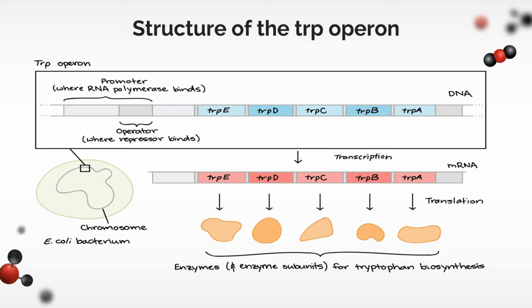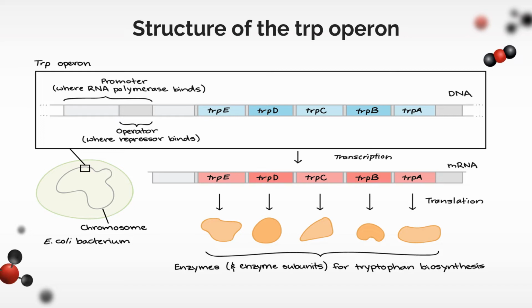In this, you can see a structure called the operator where the repressor binds. Upstream of the operator is a structure called the promoter where the RNA polymerase enzyme binds. Downstream of the operator is a stretch of DNA sequence called the leader that codes for the mRNA, also known as the leader region sequence.